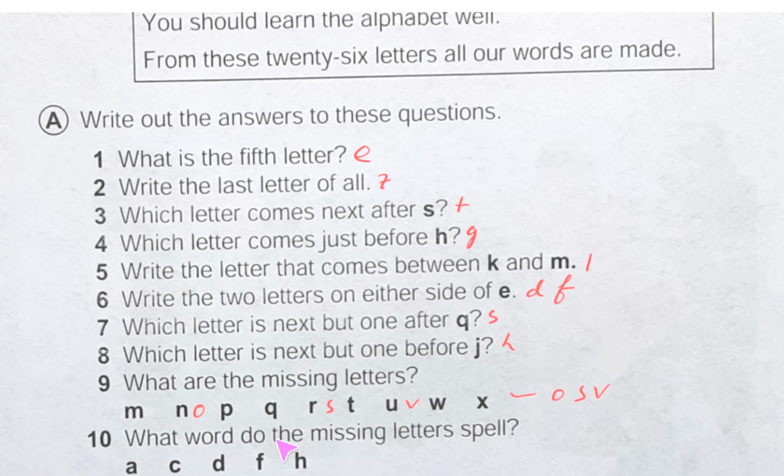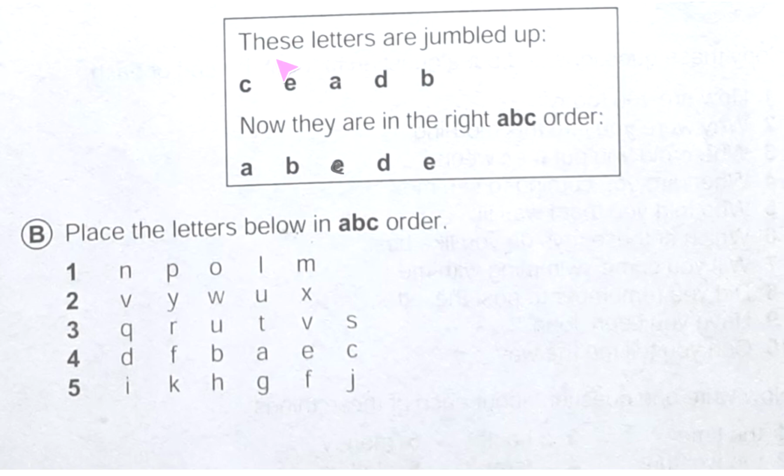What word do the missing letters spell? Here it will be A, B, C, D, E, F, G, H. So it's actually B, E, G, big. Okay. Here see, these letters are jumbled up.